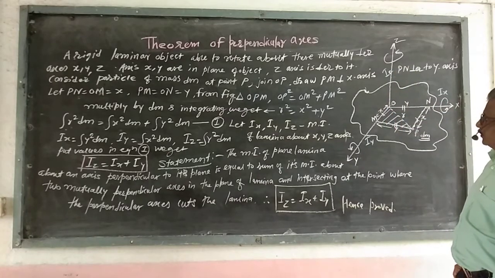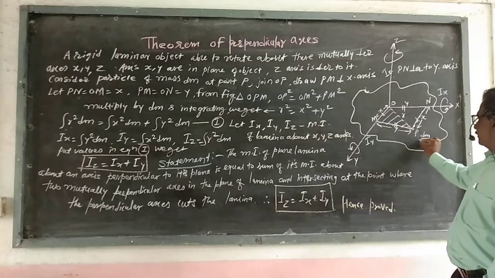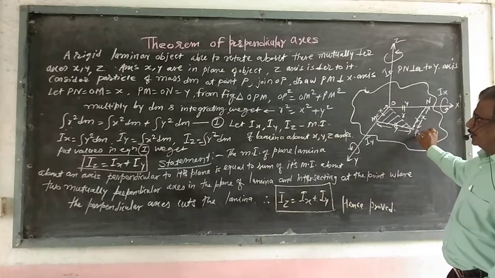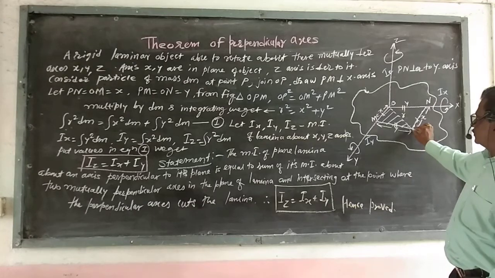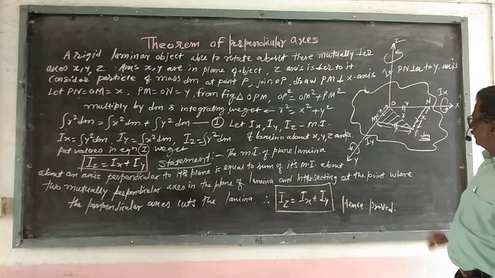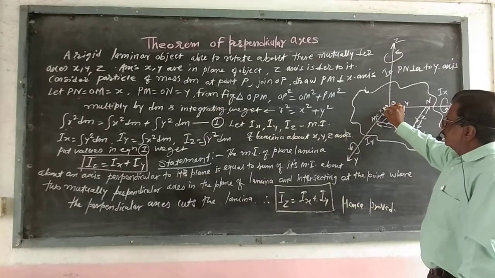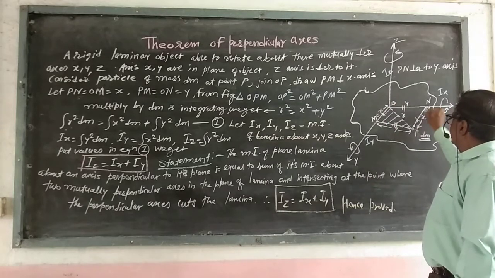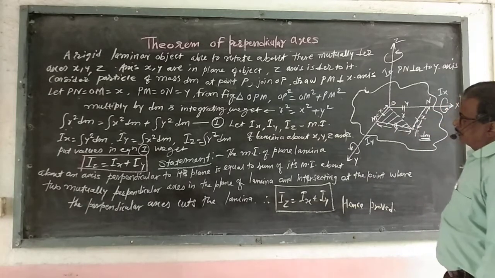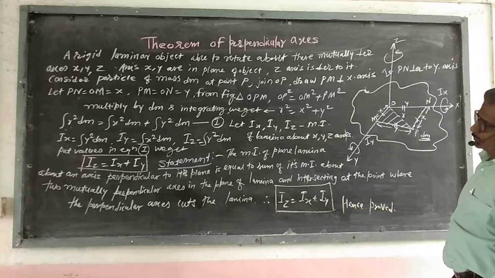Now consider a point mass dm at point P and join OP. Draw PM perpendicular on the x-axis and PN perpendicular on the y-axis.